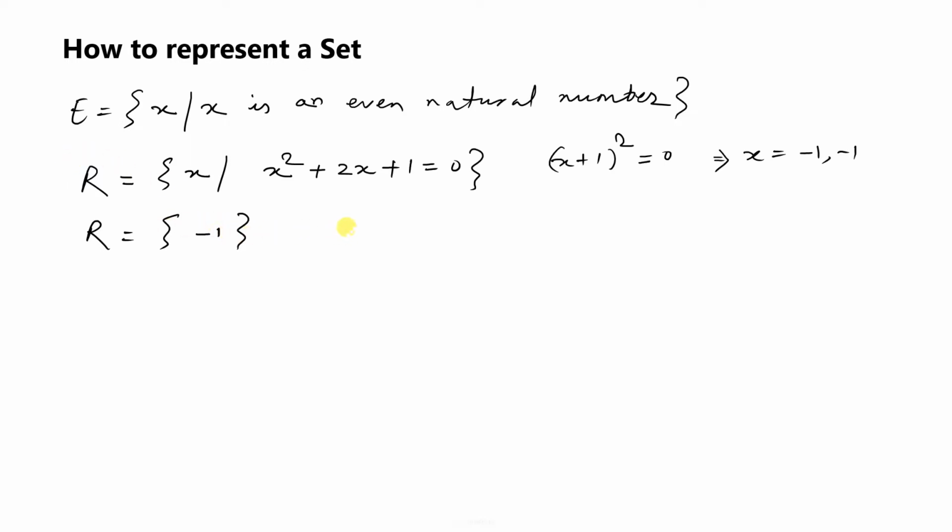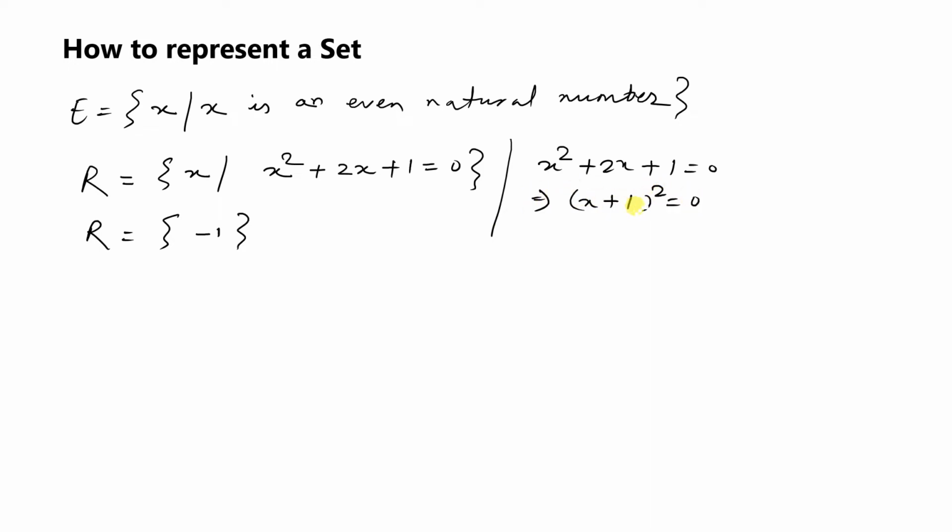First you have to solve this quadratic equation: x square plus 2x plus 1 is equal to 0, which implies x plus 1 whole square is equal to 0, by a square plus b square plus 2ab. Which implies x is equal to minus 1, minus 1, two values.